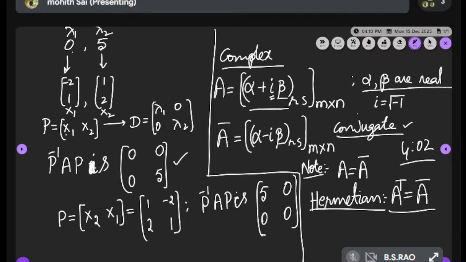Write down: the eigenvalues of a Hermitian matrix are always real.